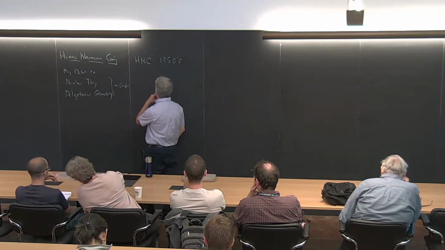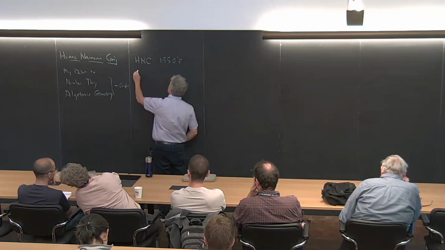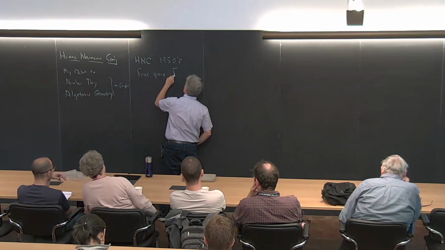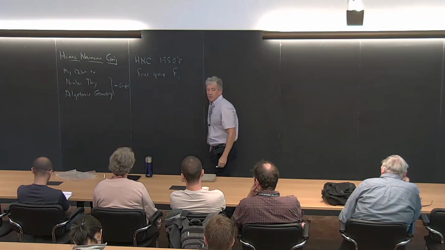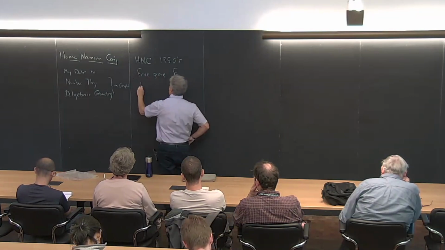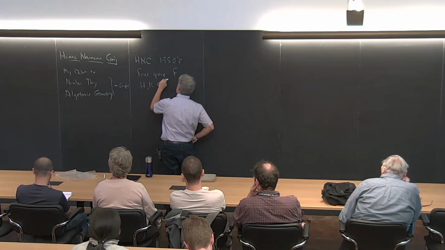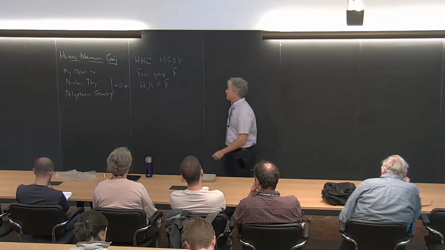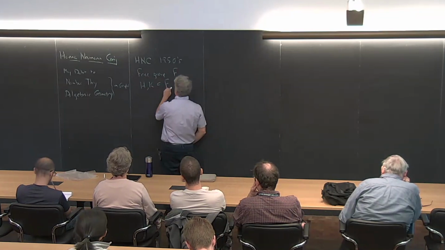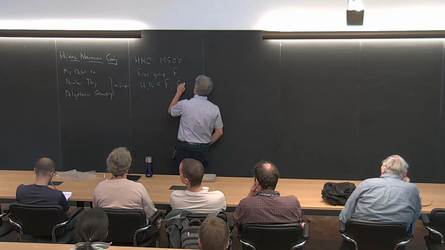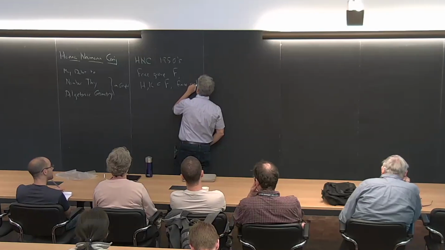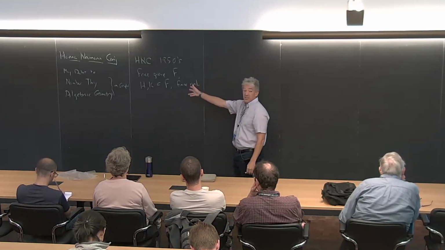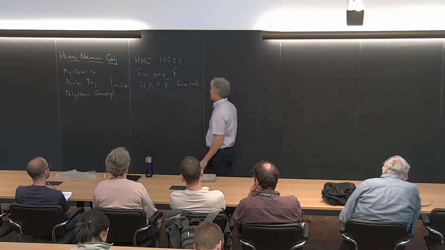Okay, so the conjecture is the following. If you have a free group F, and you have two subgroups of the free group, H and K, and the ranks are finite, then there's a conjecture about the rank of the intersection.